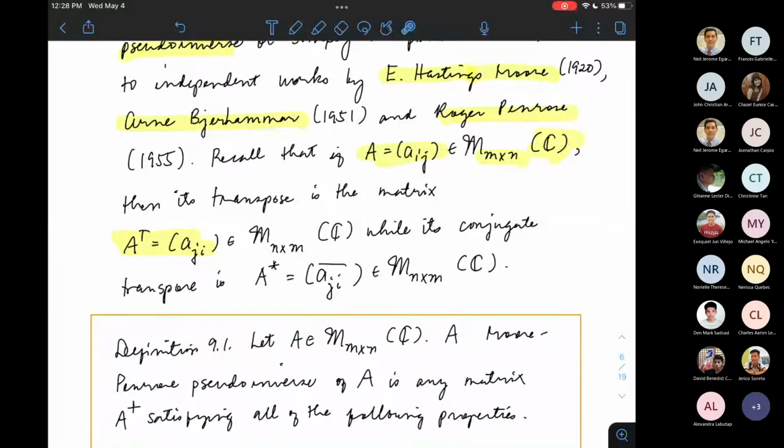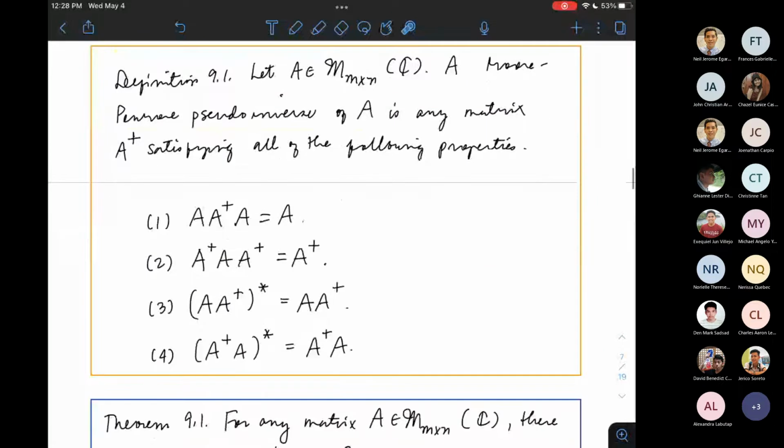Pero hindi tayo naging particular with this last time because kung real lang naman yung laman ng matrix mo, yung A transpose ay nagiging equal lang sa conjugate transpose. Kasi ang conjugate ng real number ay sarili niya. Okay? So with those preliminaries out of the way, we can define what is the Moore-Penrose Pseudoinverse, or tawagin na lang natin siyang pseudo-inverse for brevity.